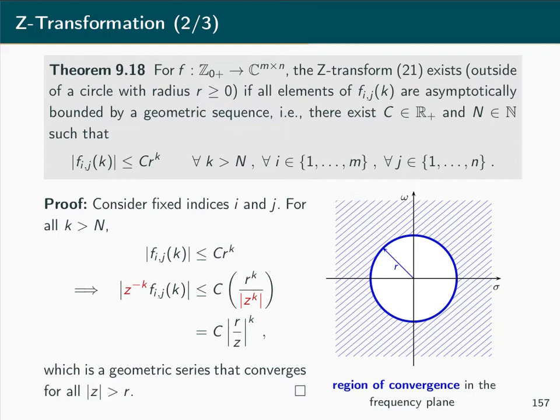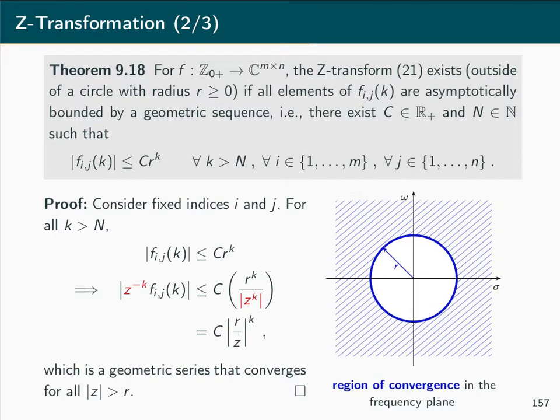For the purpose of using the z-transformation, it's sufficient that the z-transform converges outside of a circle with some radius r, so we don't really care about the convergence region, and we may just say that the z-transform of a time domain function exists if all of the elements f_ij of k are asymptotically bounded by a geometric sequence, which is why we may put the actual convergence region in brackets.